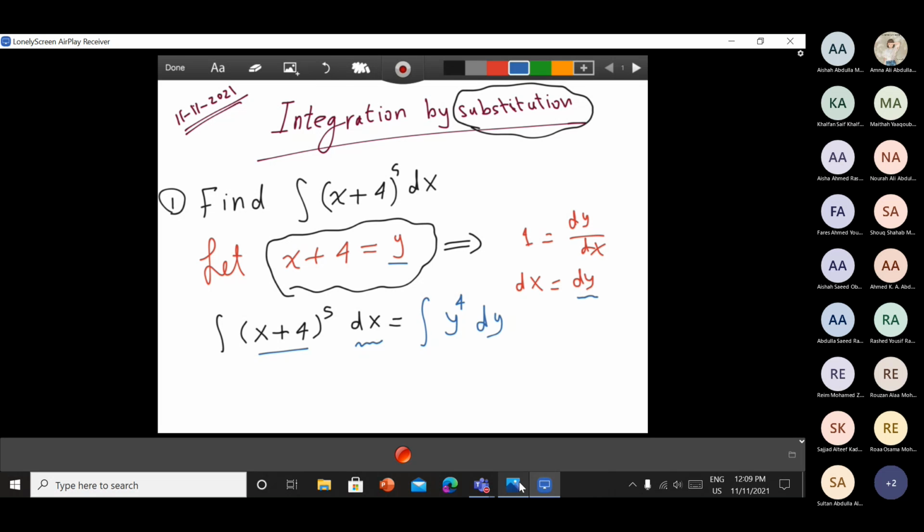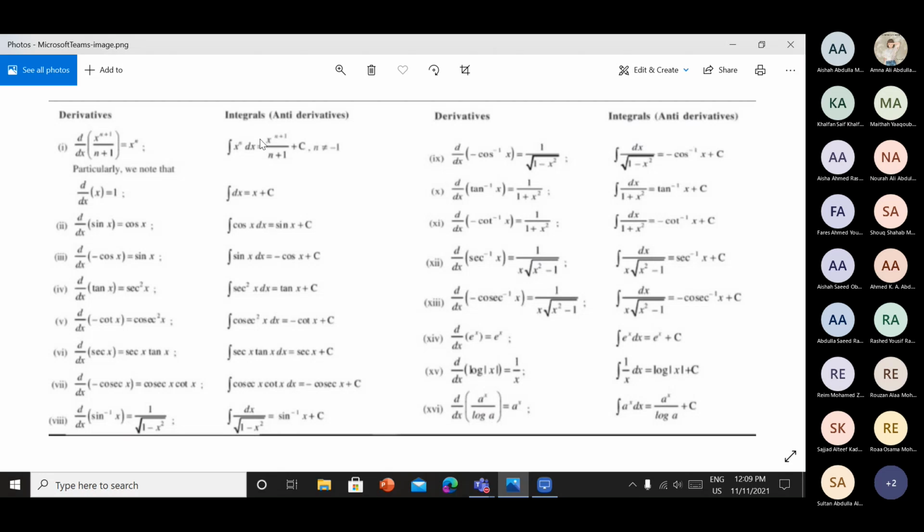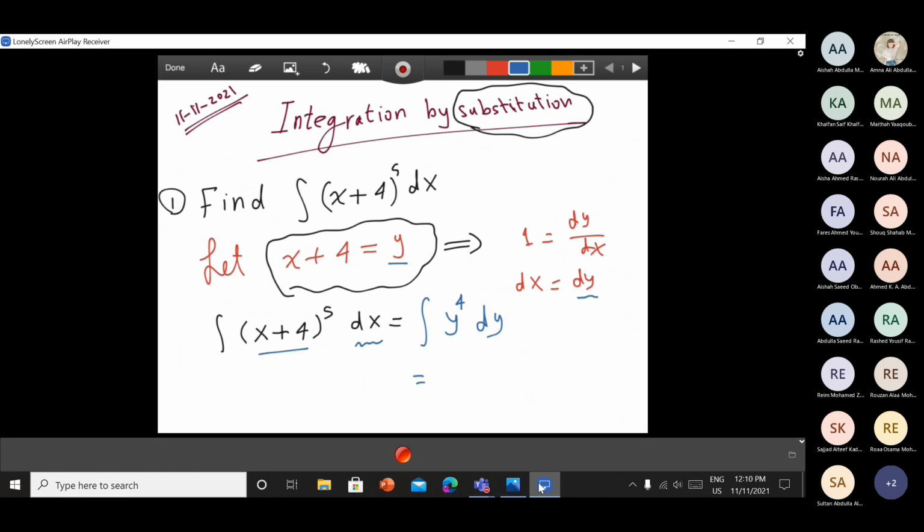Now I can use this formula, right? You will tell me this is x, it doesn't matter, x or y. But once you have y to the power n, you should have dy over here. Add 1 to the power and divide it by the new power plus the constant of the integration. Of course, n shouldn't be -1, just to make the denominator not equal to 0. Okay. Now I know this one, I have to add 1 and divide it by the new power plus the constant.